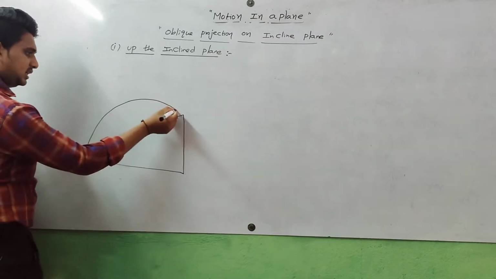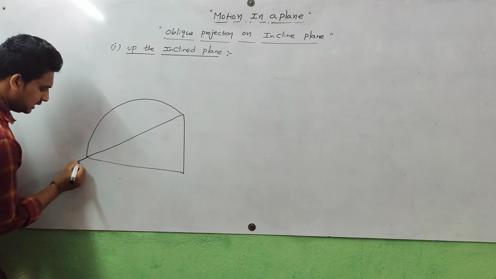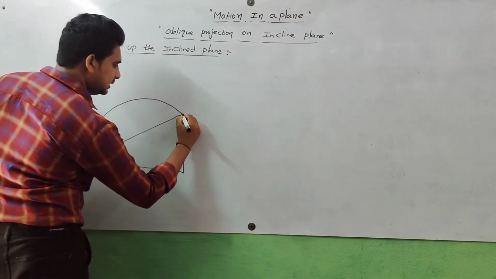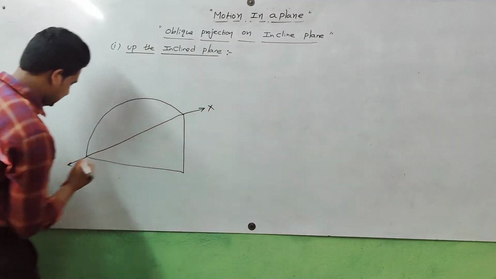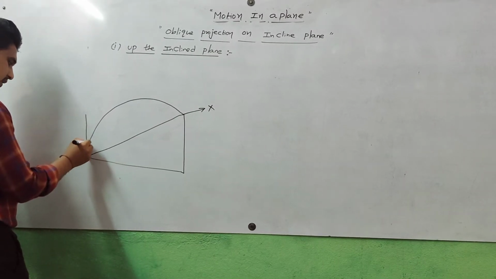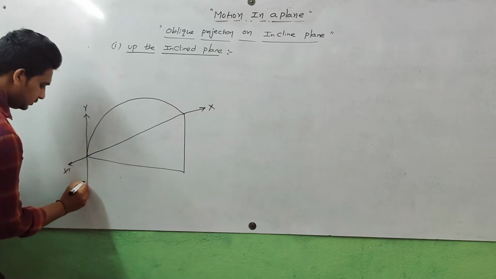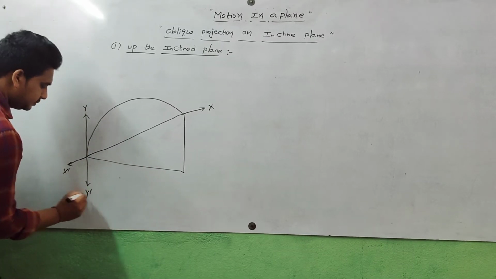So the body is projected like this up the inclined plane. This is the x-axis, x dash, and this is the y-axis, y dash.